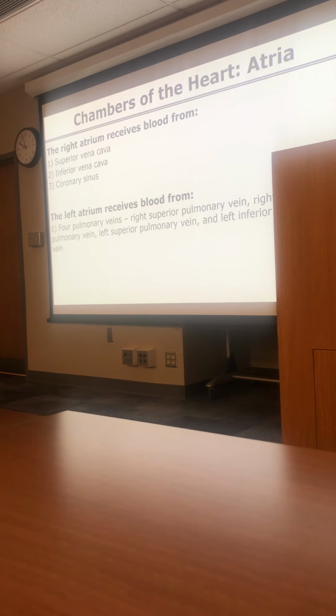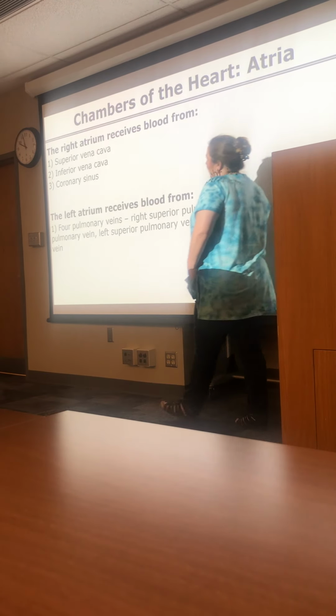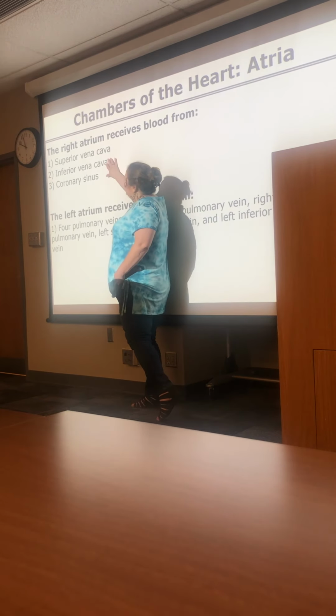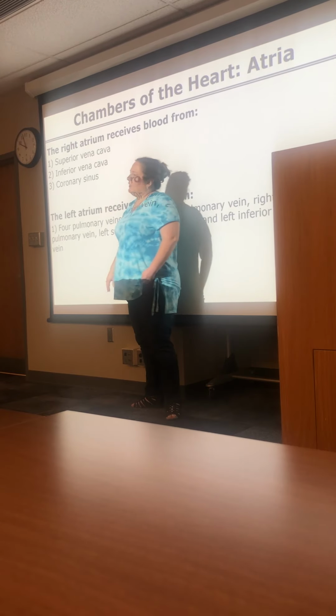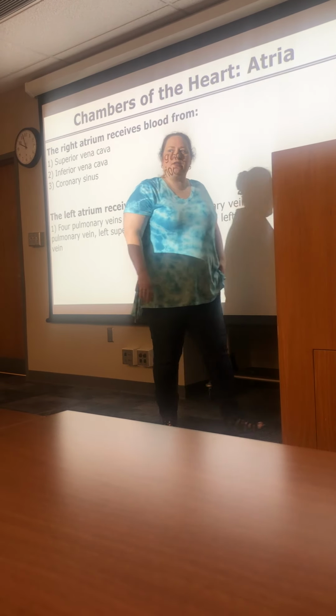So the question is, where is the blood coming from, and is that blood oxygenated or deoxygenated? The right atrium is going to receive blood from the superior vena cava, inferior vena cava, and the coronary sinus. These three structures are bringing deoxygenated blood back to the heart.